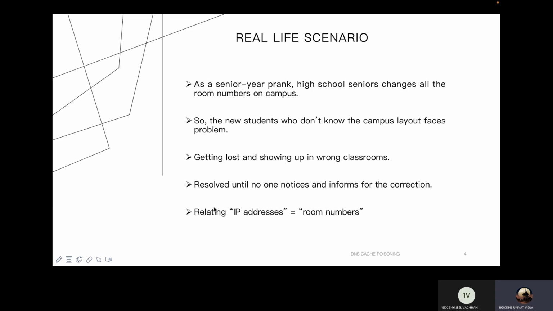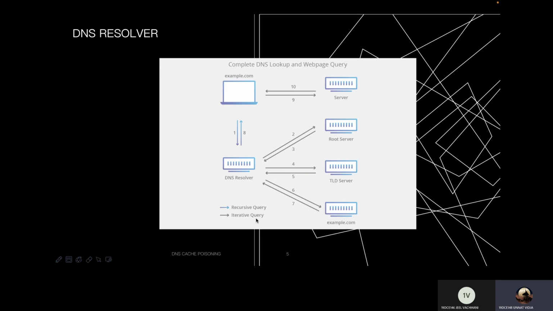So getting lost and showing up in the wrong classroom is the real life scenario compared to the attacker giving wrong information to the user. This is how we relate IP addresses to room numbers. The wrong room numbers are compared to IP addresses. The real IP is changed and the fake IP is implanted. So basically, this is a DNS resolver model.